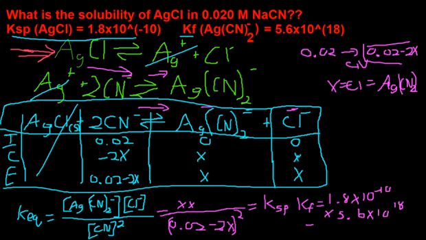Once you multiply those through, we get that this equals 1.01 times 10 to the 9.